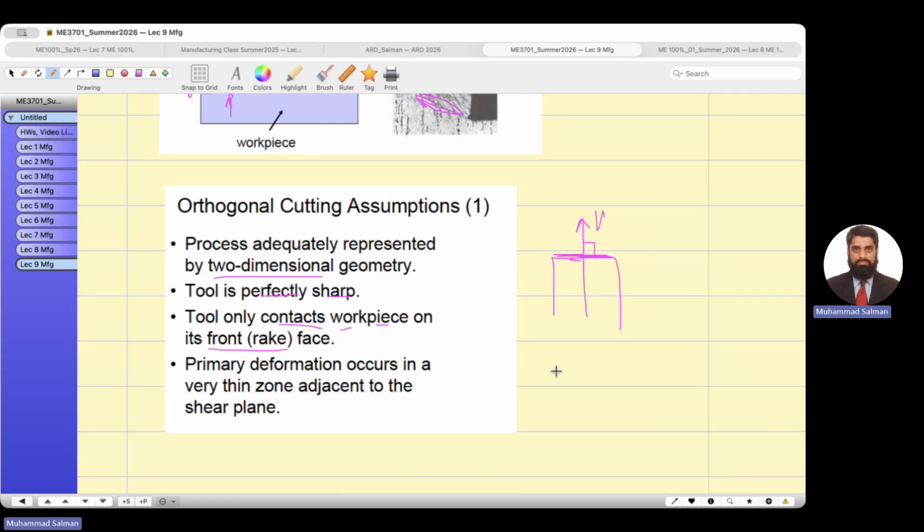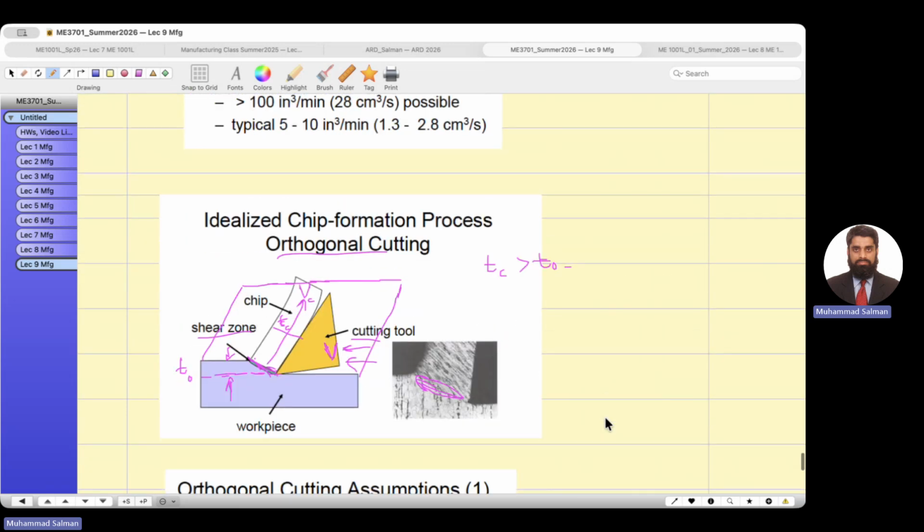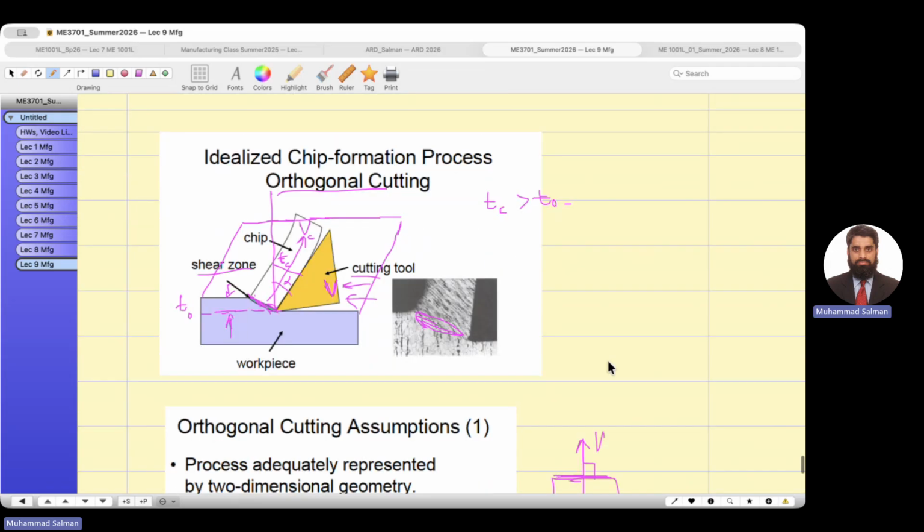The tool is perfectly sharp. The tool only contacts the workpiece on its front rake. So the rake angle is the angle between the front face and the vertical. Suppose you have this kind of tool, and this is my rake angle here, this is the vertical, and this is the front face.